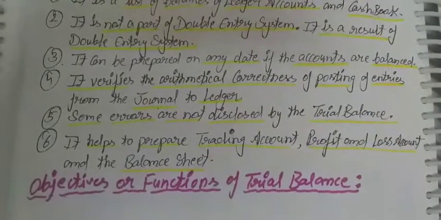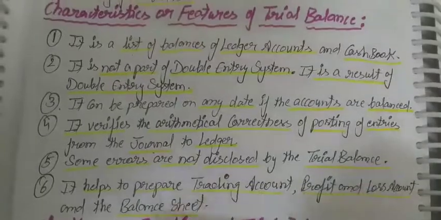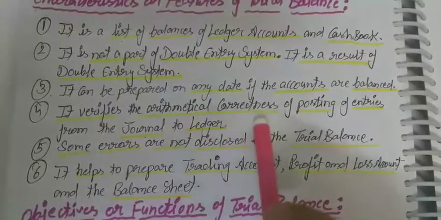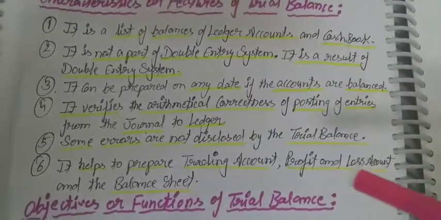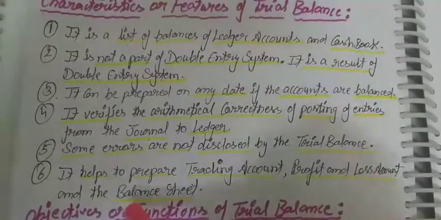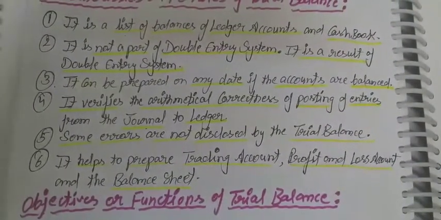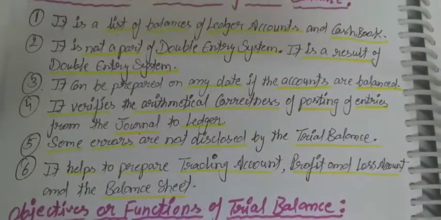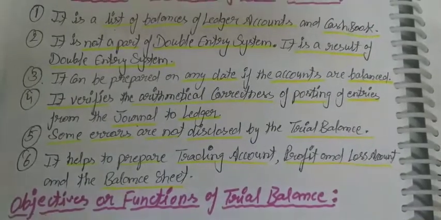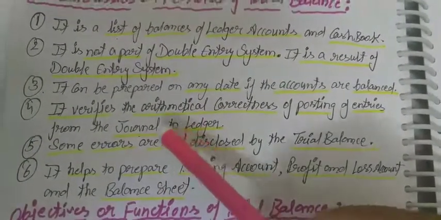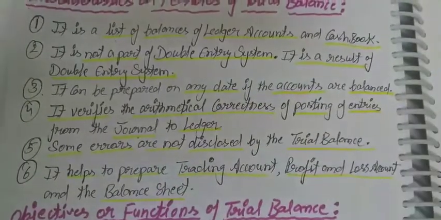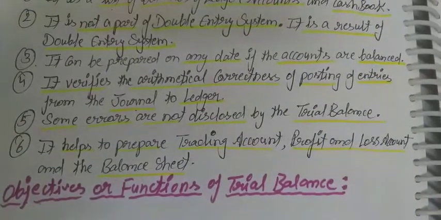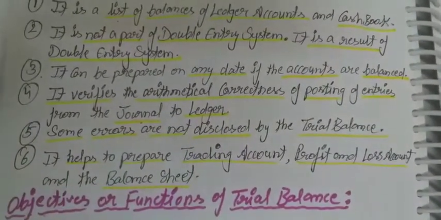Basically, to calculate the arithmetical accuracy. That is the first point we can confirm here: we prepare the trial balance for arithmetical correctness or accuracy. Next, the trial balance helps to prepare the final accounts, and it helps us disclose different types of errors in the ledger from the journal. So these are some of the objectives or functions of trial balance.